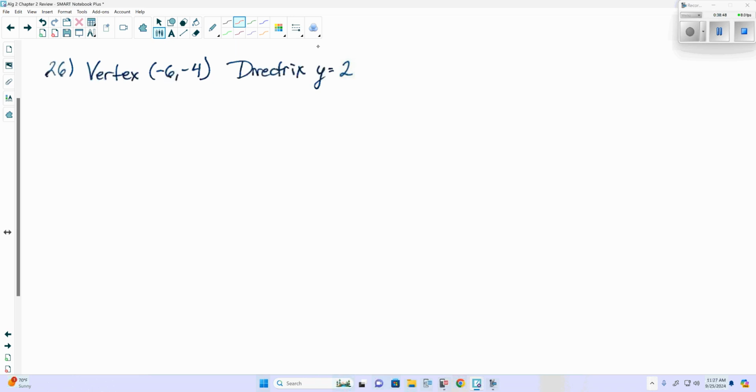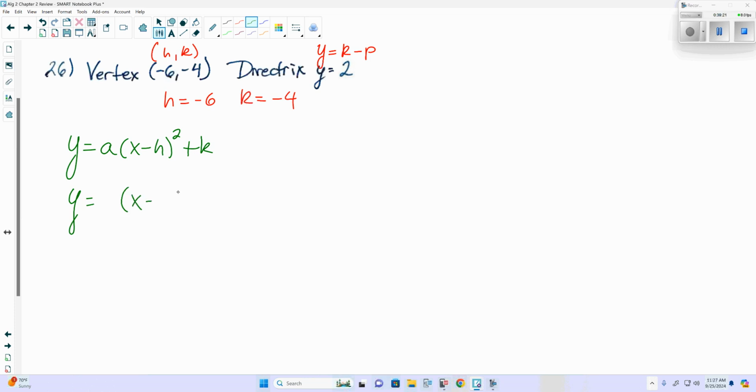Here we have y equals, so the general form is y is equal to k minus p. Vertex is still h, k. h is equal to -6, k is equal to -4. Now because the directrix was y equals k minus p, the general form that has that directrix is y equals a times x minus h squared plus k.